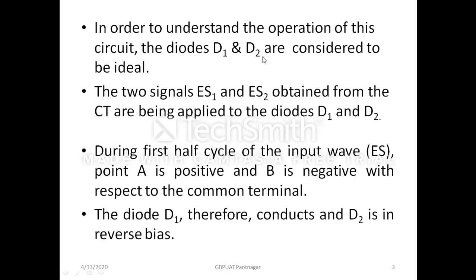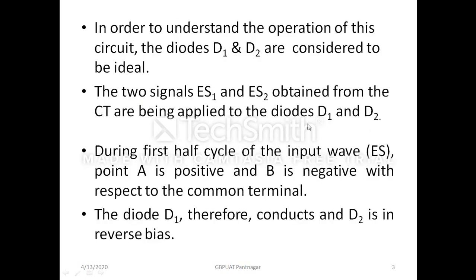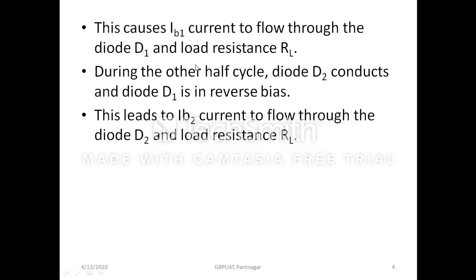Because diode D1 is in forward bias condition, a current IB1 flows through the diode D1 and through the load resistance RL. Since diode D2 is in reverse bias condition, no current comes in this direction, and all the current passing through diode D1 goes through the load resistance RL and follows the path of current IB1.